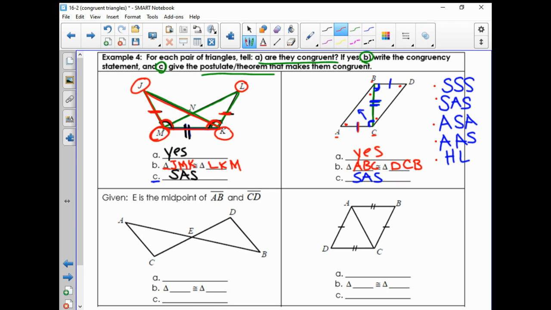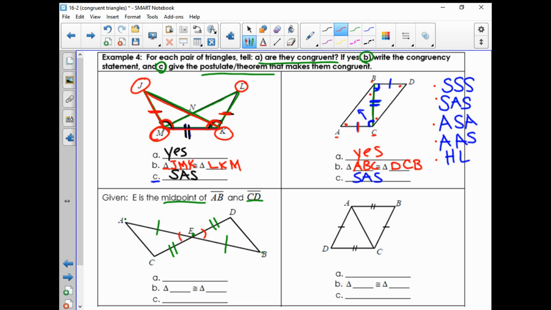All right, look at this next one. E is the midpoint of AB. Let's just stop right there. Remember, when they tell you midpoint, they tell you 2 lines are congruent. So if E is the middle of A to B, that means that A to E is congruent to E to B. Okay, it's also the midpoint of CD, which means that C to E is equal to E to D. And then there's one other thing that you know just from looking at the picture, you know that vertical angles are congruent.